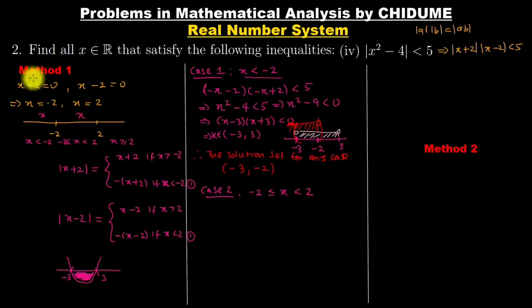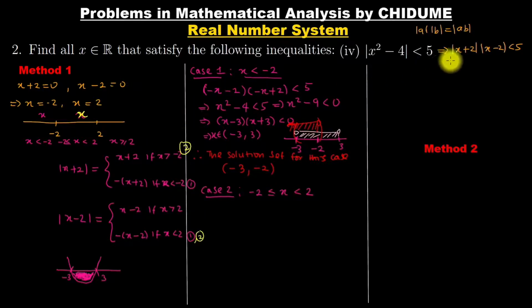That's if x is greater than -2, and x is going to be less than 2 here. So this will be the second case also. You can just number it so that it will be easier for you to pick.